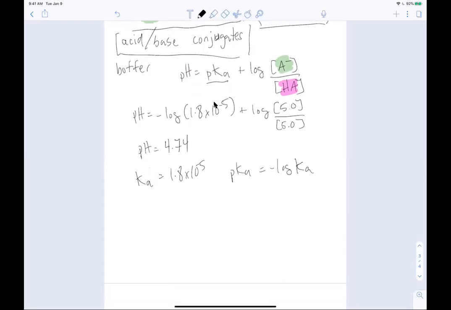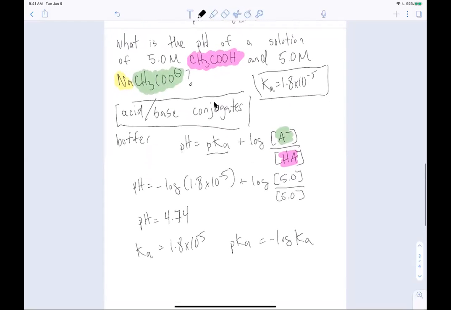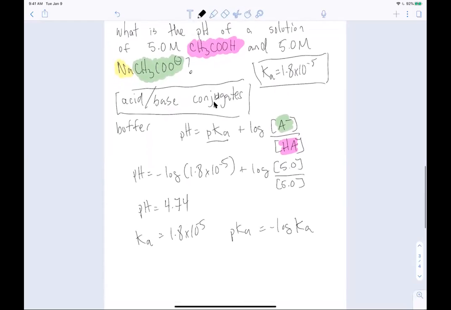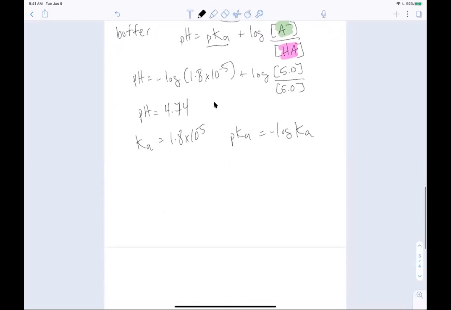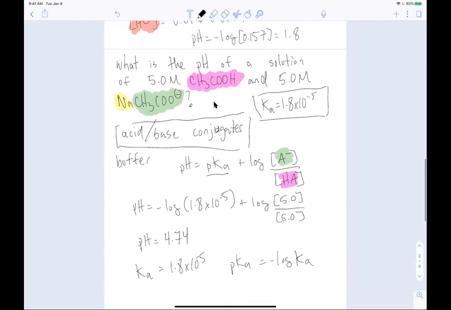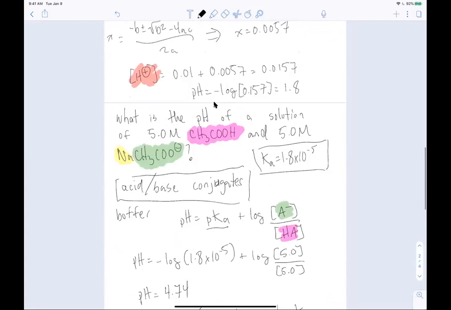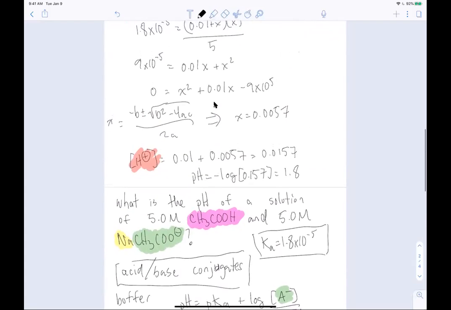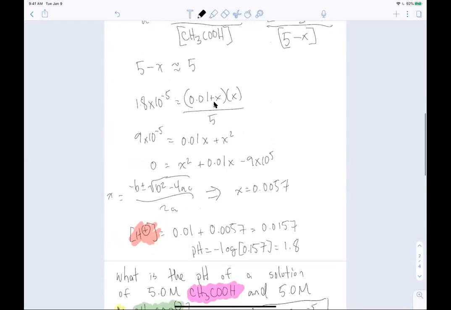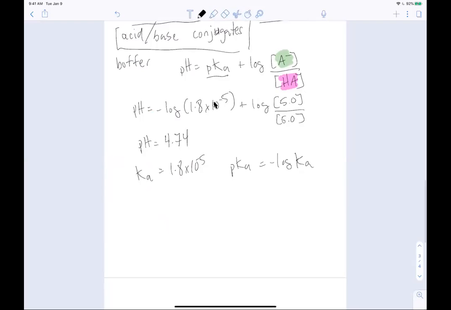Okay, so why are buffers important? We can look at what happens to this solution if we start adding in acid. So buffers resist pH change. That's their whole deal. So let's look at two scenarios.